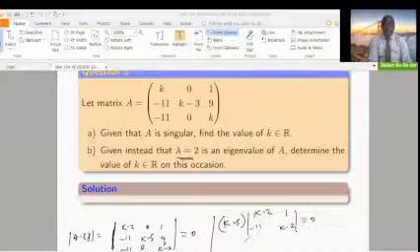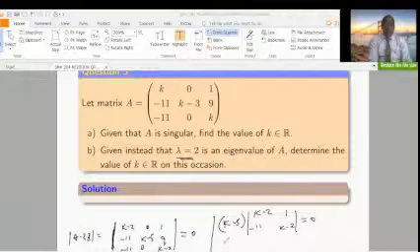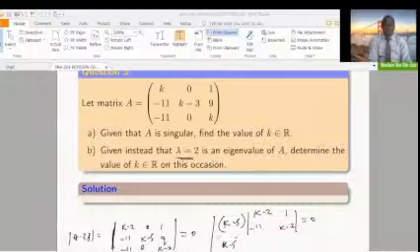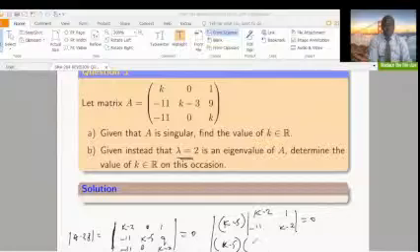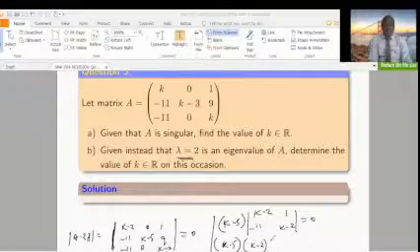So when you simplify this, you find here K minus 5, multiplied by this determinant, it is K minus 2 multiplied by K minus 2.